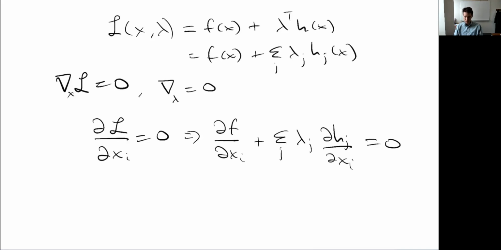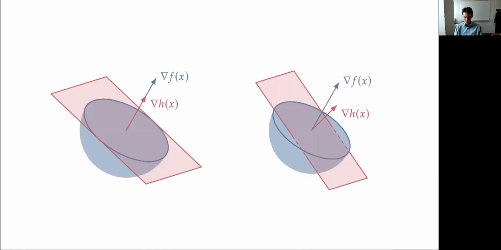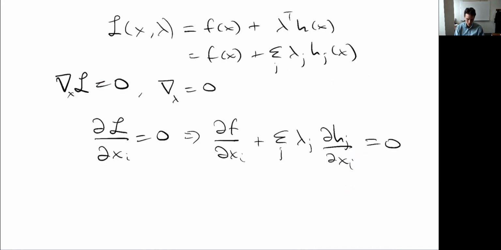Okay, and that's the condition that we derived. Well, we didn't derive, we stated it here based on this part of the derivation. So that looks good. Let's take the partial of our Lagrangian with respect to lambda. That needs to be 0. The derivative with respect to lambda j is just going to be hj because those are just multiplied together.